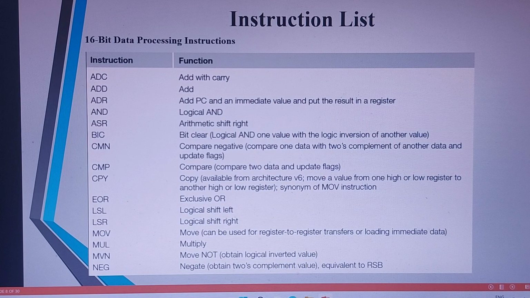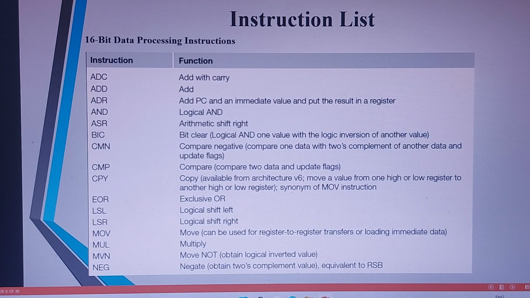So this will multiply the values contained by two registers, and the result will be stored in both registers depending on how many bits of the result will come. If the result is only 16 bit, then only the destination register is used. If the result is 32 bit, then the higher bytes of the registers are also used.